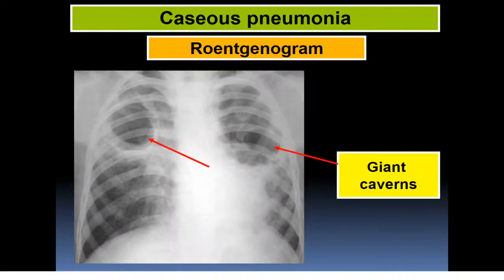On this roentgenogram, we can see giant caverns in the right lung and in the left lung, polycaverns, multiple caverns, and infiltration around them.